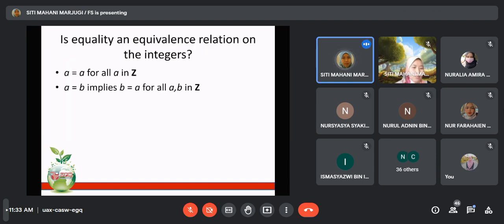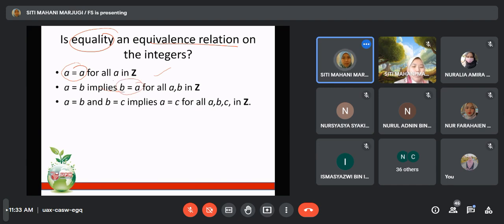Equality can also be shown to be an equivalence relation. A equals A, we can show this is reflexive. A equals B implies B equals A, this is symmetric.